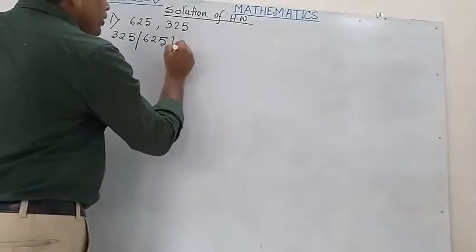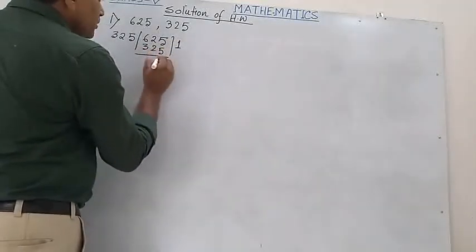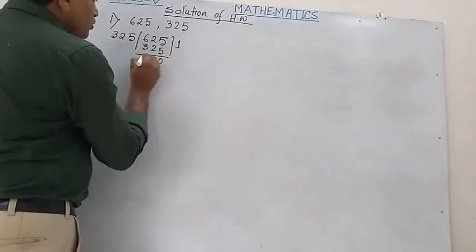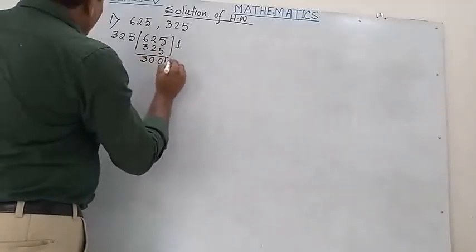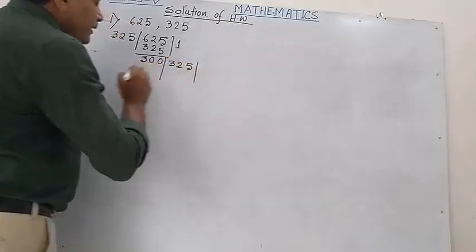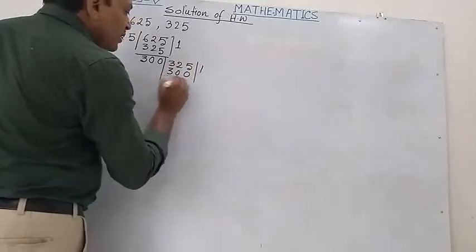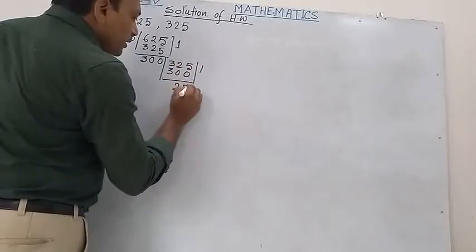So 325 ones are 325, remainder 300. Now 325 divided by 300: 300 ones are 300, remainder 25.